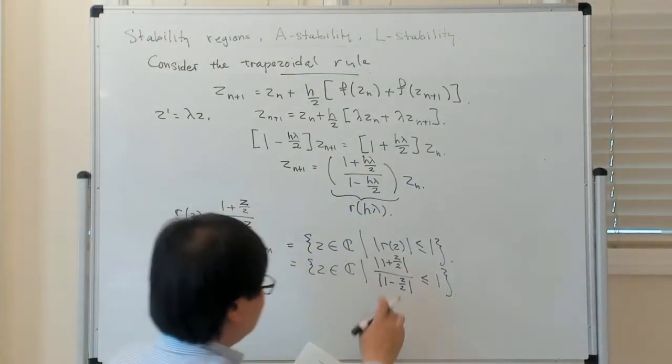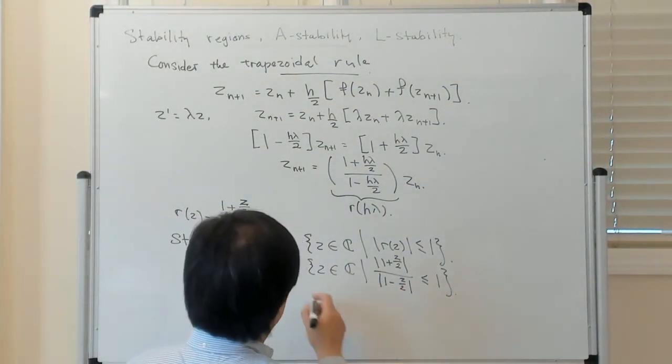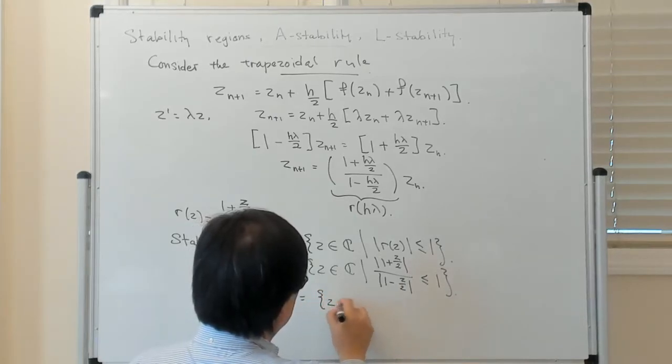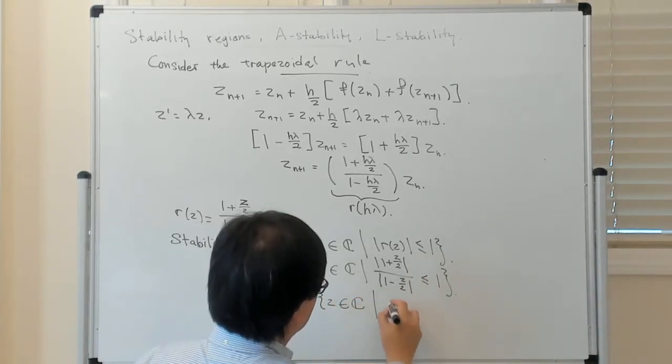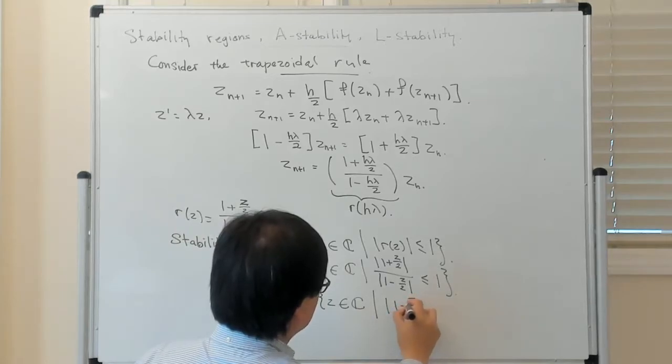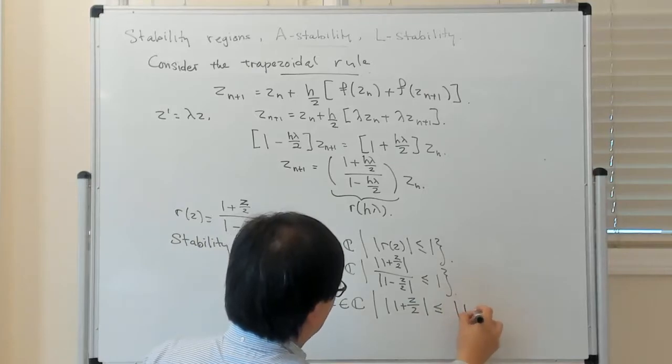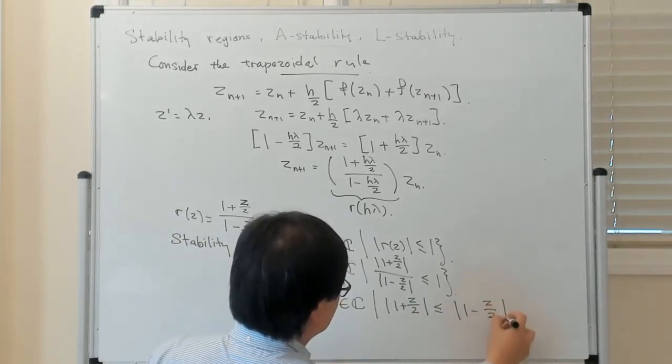And I can multiply on both sides, so this gives me z in the complex plane such that the modulus of 1 plus z over 2 is less than or equal to the modulus of 1 minus z over 2.